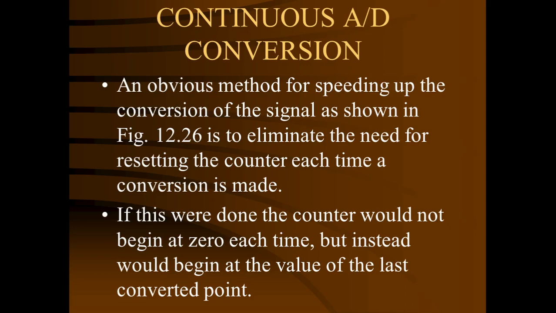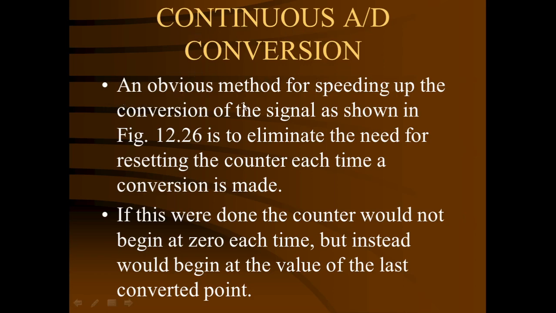The flip-flops of the counter need not be reset to 0, but it will start converting from the last conversion point itself. This way the counter becomes faster, and this method is known as the continuous A to D converter, because it need not be reset to 00 but starts converting from the last state itself. So we are starting with continuous A to D conversion.